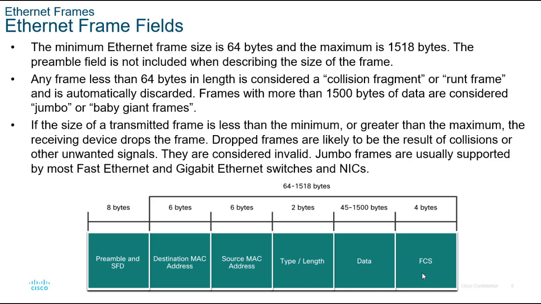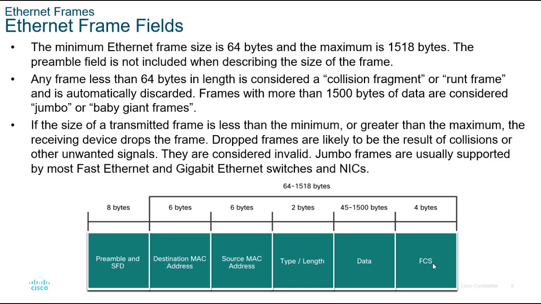The last field in the Ethernet frame is the 4-byte frame check sequence, or FCS field, used for error detection using the cyclic redundancy check, or CRC, that the sender places in the FCS field before sending the frame. The receiver also performs a CRC of the frame, and if the results match, the frame is accepted.